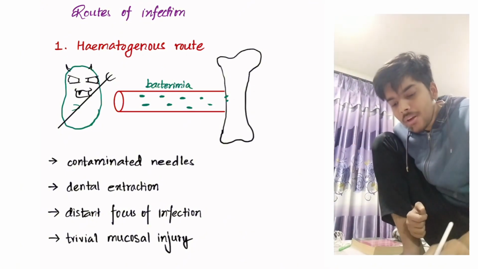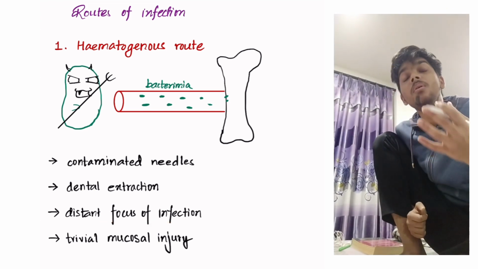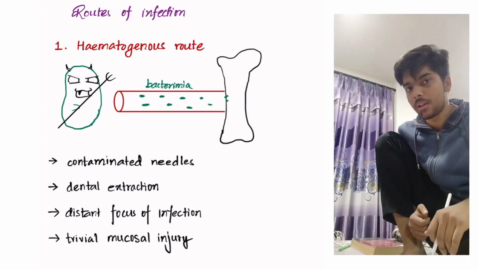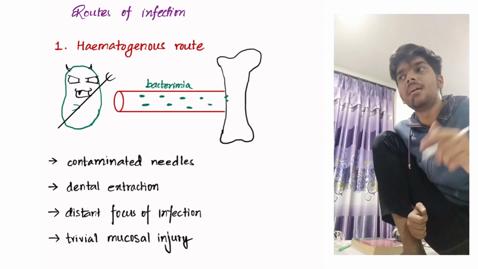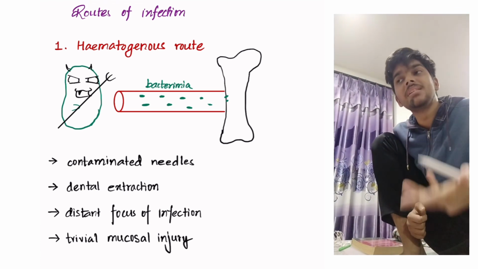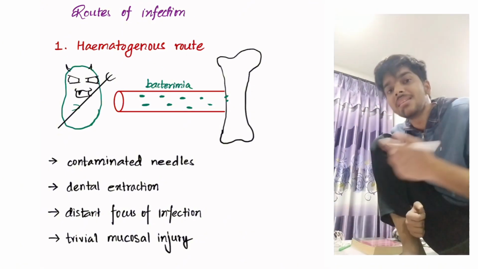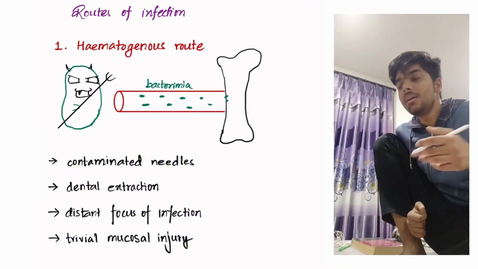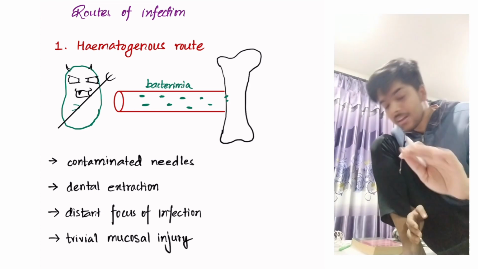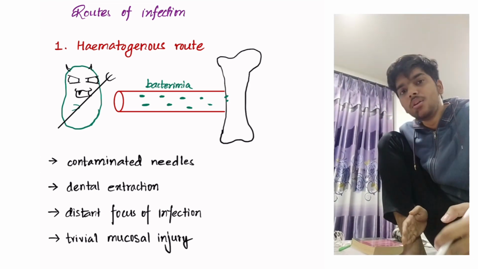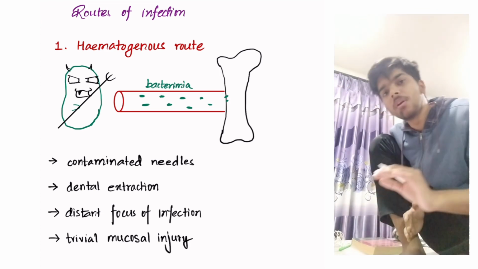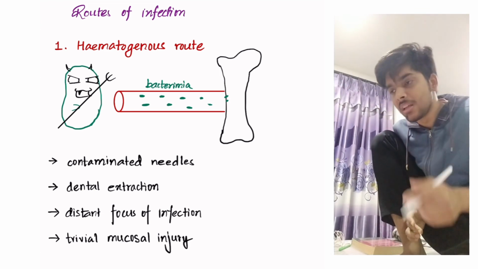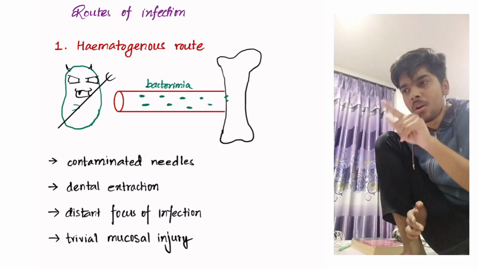Similarly, the point of focus can be in your visceral organs as well. It can be in the visceral organs of your gastrointestinal tract, or of your urinary system. It can be even in the lungs. Here's an example. Let's say you have tuberculosis. That means Mycobacterium tuberculosis has infected your lungs. So there's a point of infection in your lungs.